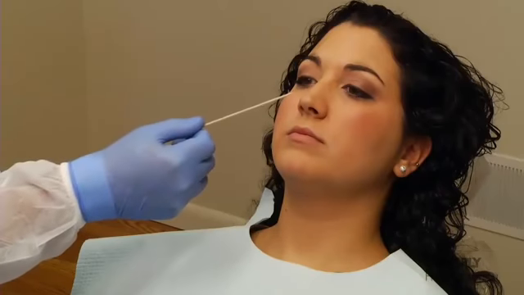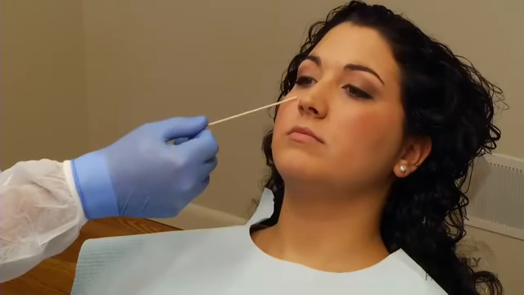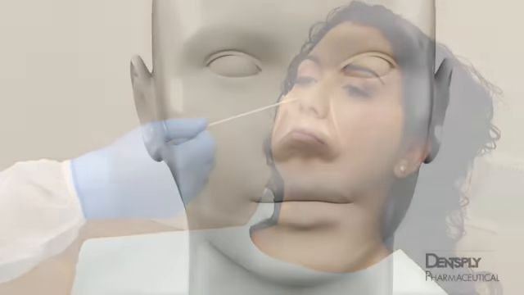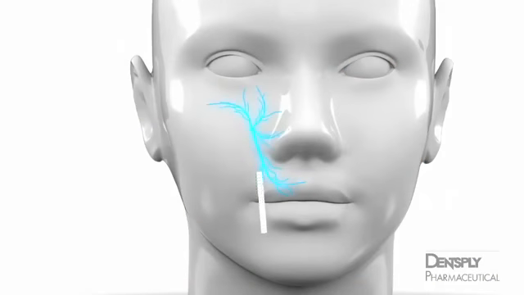Although several approaches have been described, the vertical approach is the safest and most commonly used. Before injection, it is important to locate the infraorbital foramen. When the patient is looking straight ahead, a line drawn vertically from the medial aspect of the pupil will overlay the foramen.